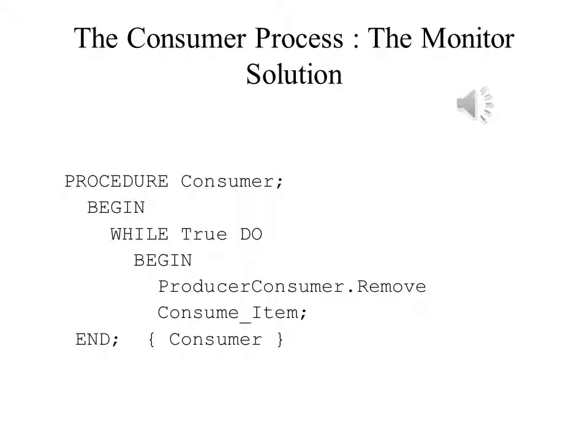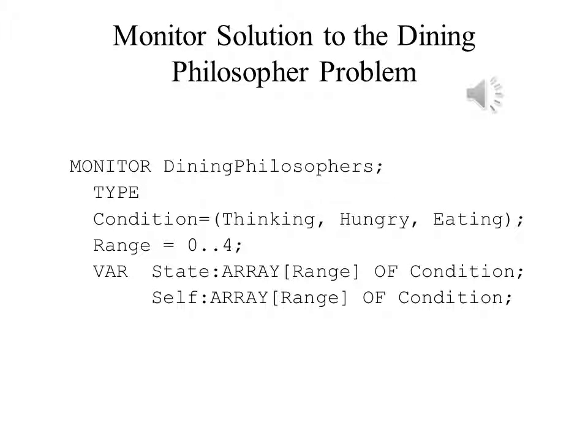The consumer process is essentially the same thing, except we remove an item, waiting if there's nothing yet to consume, before we consume it.